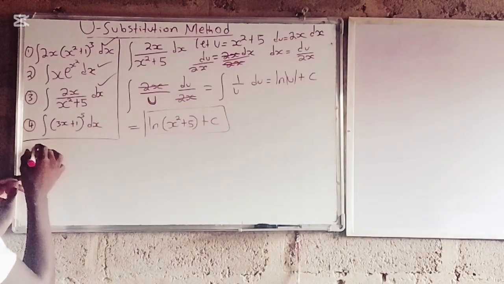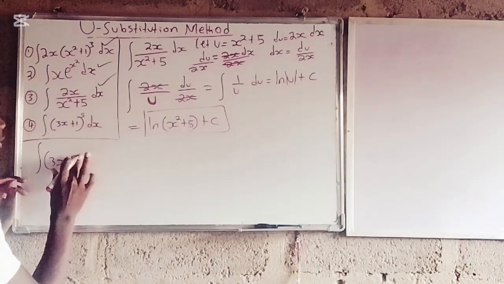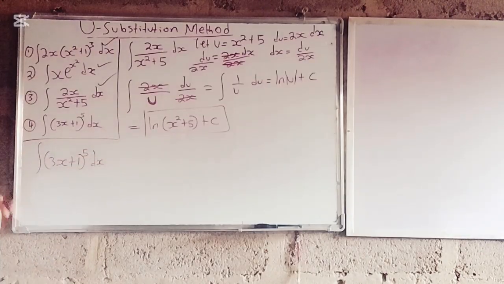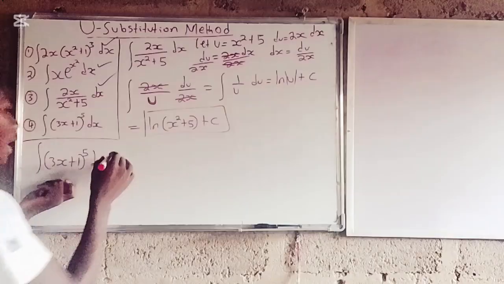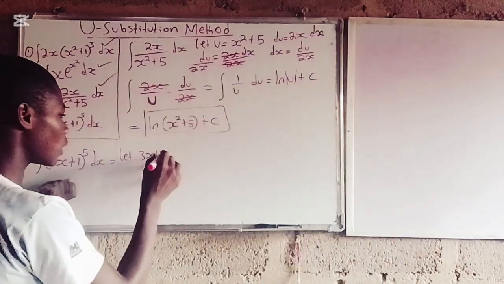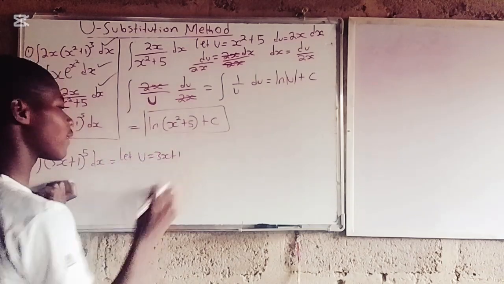The fourth question says integral of 3x plus 1 to the 5th power. Which one should I let be u? I have to let this 3x plus 1 be u. So let u equal 3x plus 1.